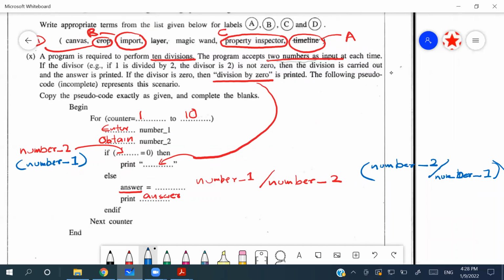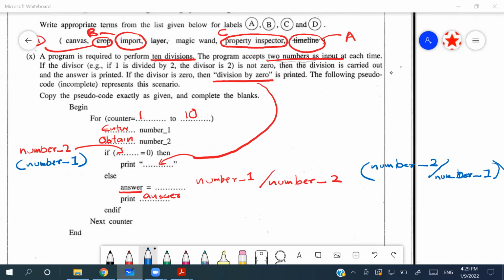People, is that clear? Yes, everyone? Is that clear?